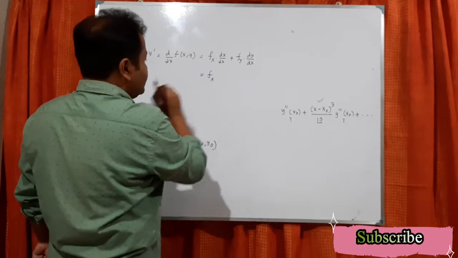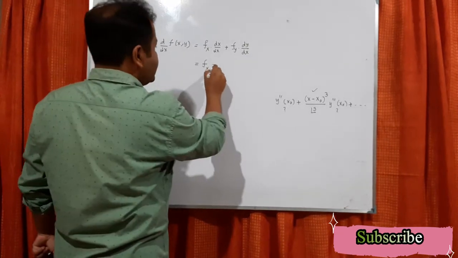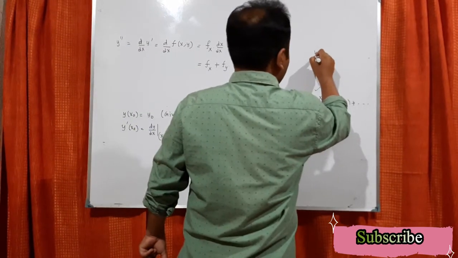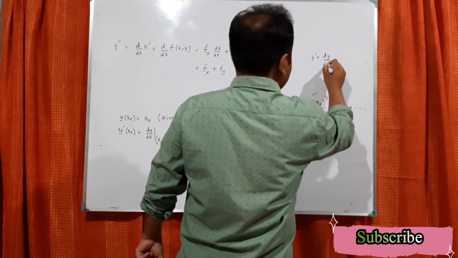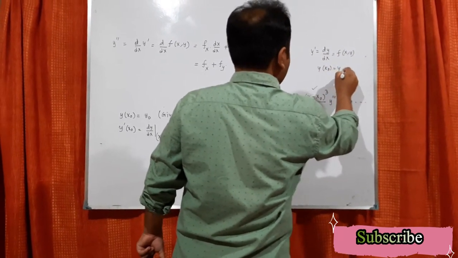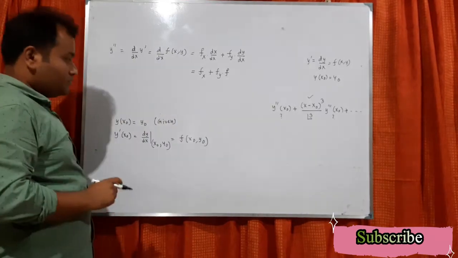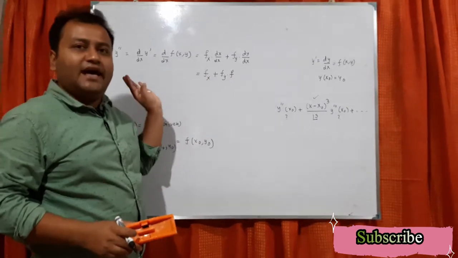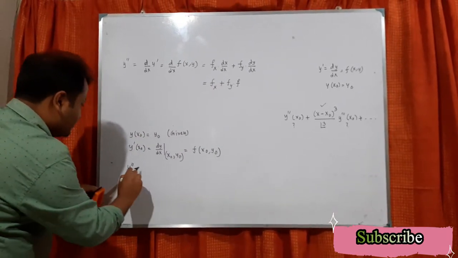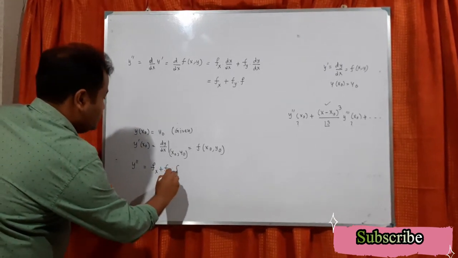Here dx dx is 1, because the derivative of x with respect to x is 1, plus f_y. Now carefully see what dy dx is. The equation given is y dash equals dy dx equals f of (x, y), with the condition y of x naught equals y naught. So dy dx is nothing but f. So y double dash is f_x plus f_y into f.